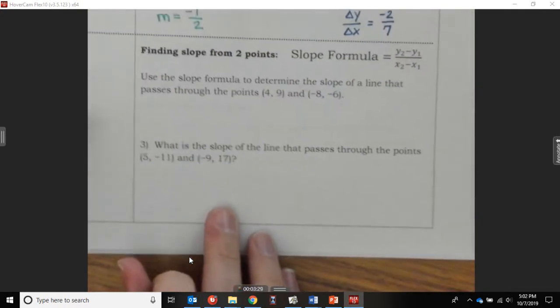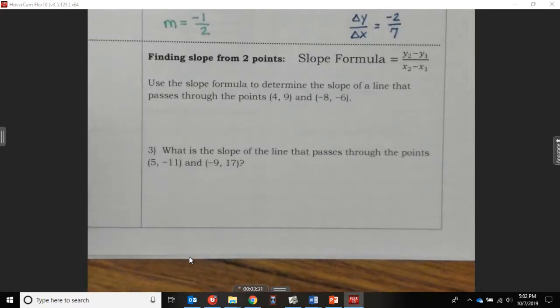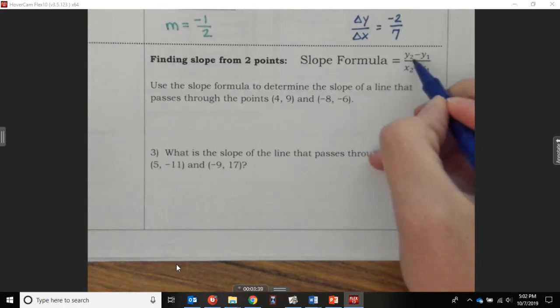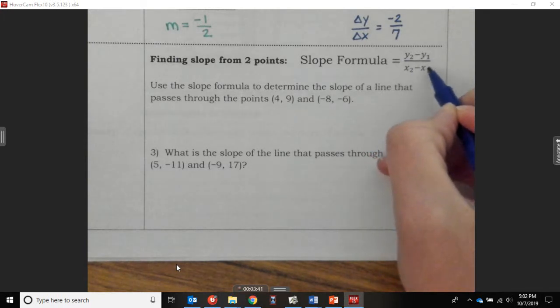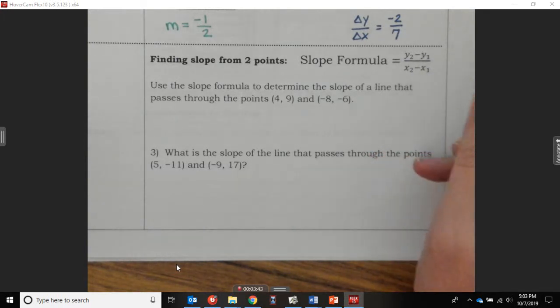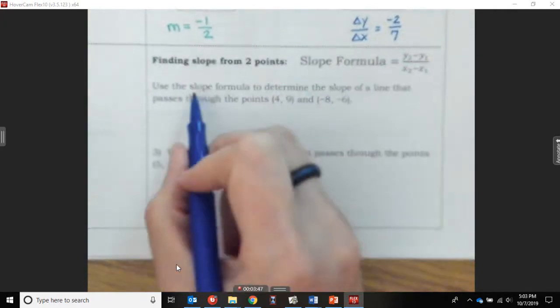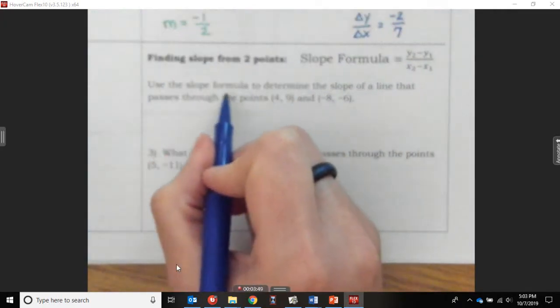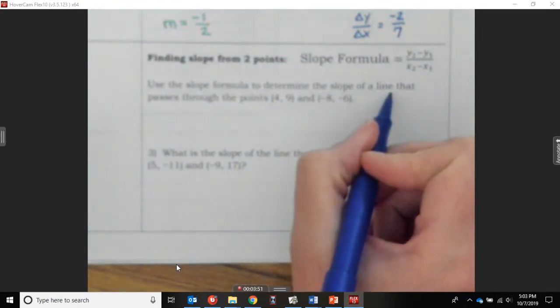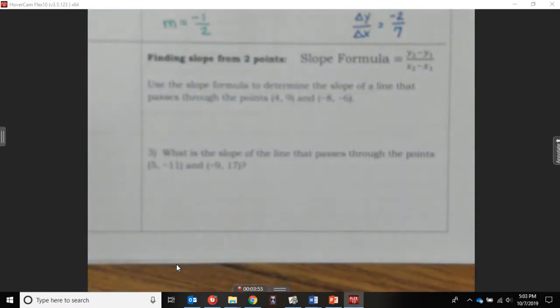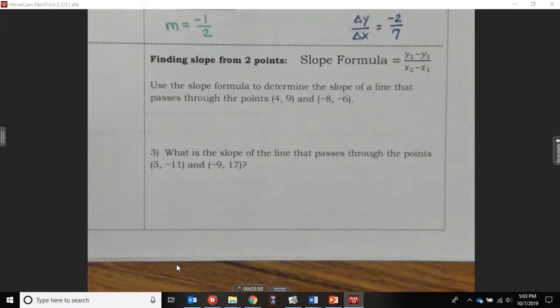All right, if we're going to use the formula, which is on your formula sheet, so if you look on the green paper in the front of your folder, you'll find it, and it's y2 minus y1 divided by x2 minus x1, which means that you need to take 2 points. So find the slope, use the slope formula to determine the slope of a line that passes through the points (4, 9) and (-8, -6).